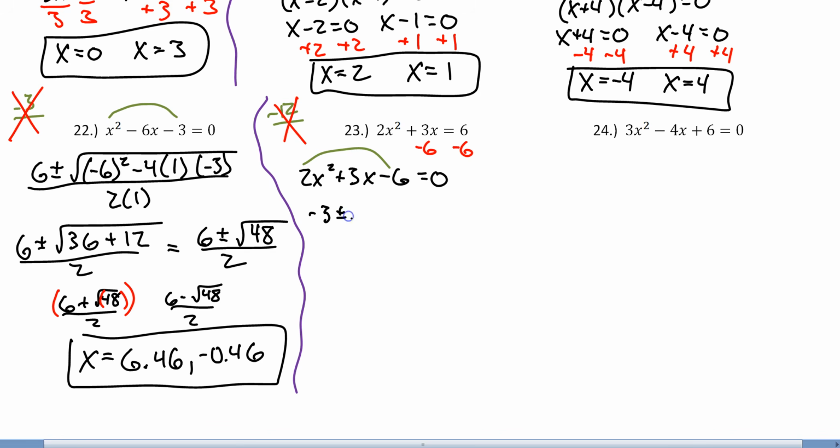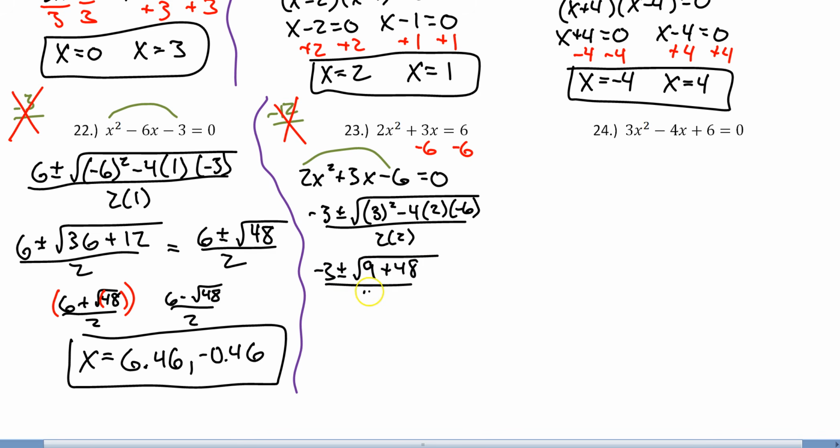Opposite of b plus or minus the square root of b squared minus 4 times a times c. And now all over 2a. And I just start simplifying. Negative 3 plus or minus the square root of 9 plus 48 divided by 4.